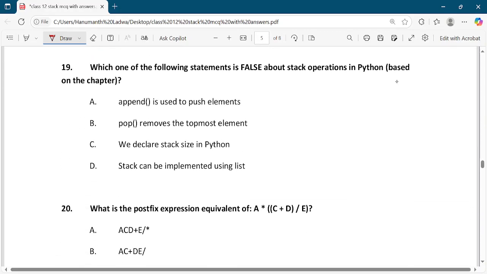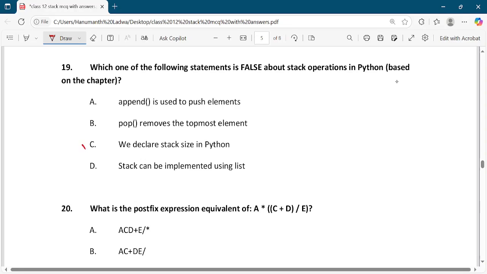Question number 19. Which of the following statements is false about stack operations in Python based on the chapter? Option A, append is used to push elements. B, pop removes the topmost element. C, we declare stack size in Python. D, stack can be implemented using list.